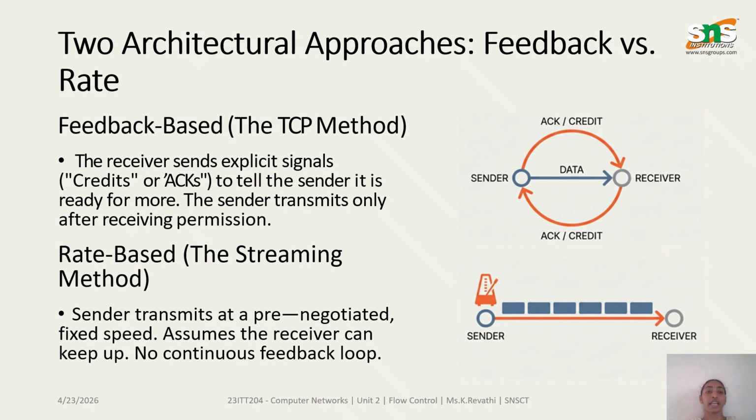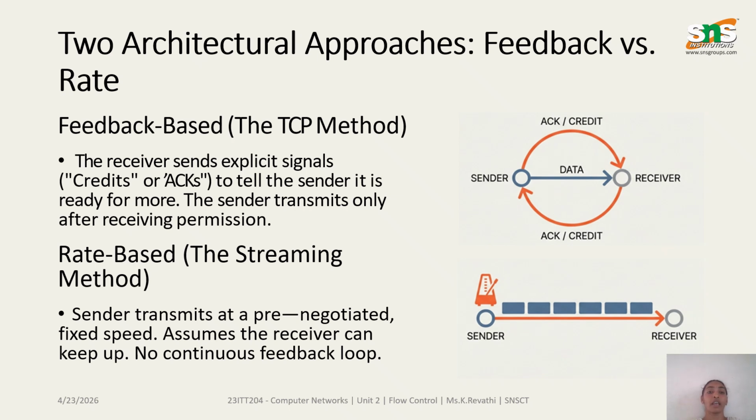Then next, there are two approaches we are using in flow control. First one is the feedback based approach. Then the second one is the rate based method. We will see these methods one by one in a detailed manner. In the first method, the receiver sends acknowledgements or credits, and the sender waits for permission before sending more data.